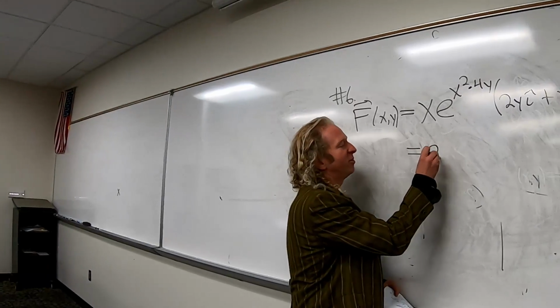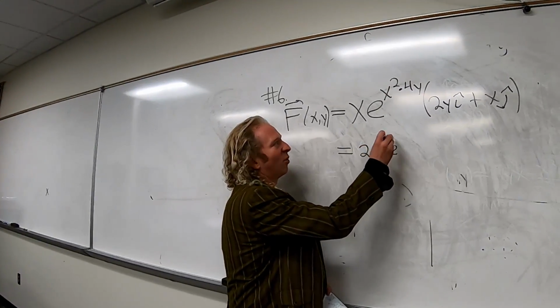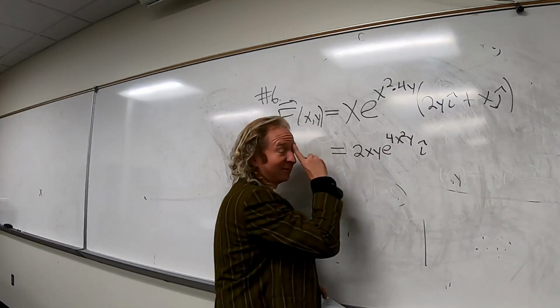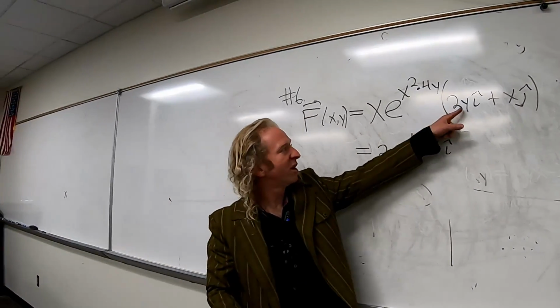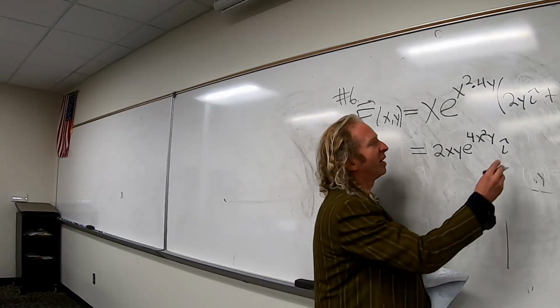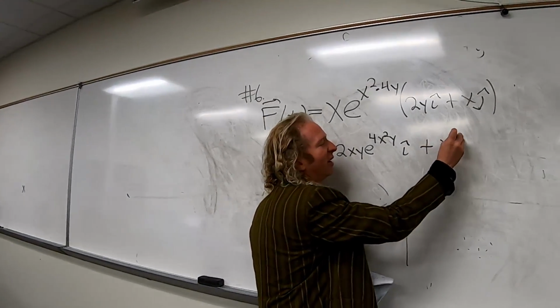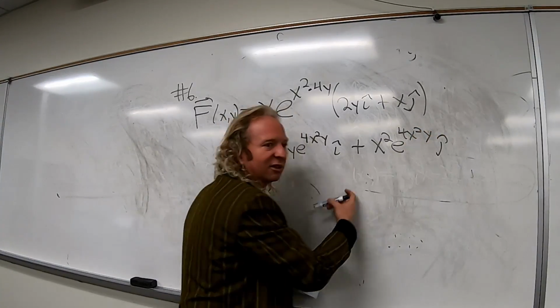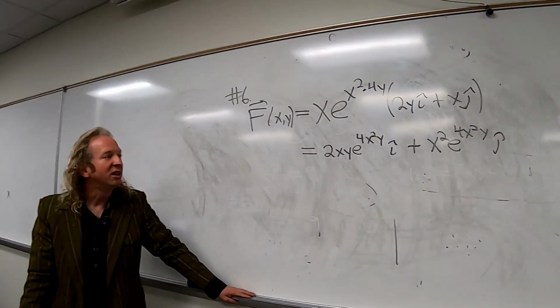So it's going to be 2xy e to the 4x squared y i hat, right? So 2xy e to the 4x squared y i hat plus x squared e to the 4x squared y j hat, right, j hat. Yuck.